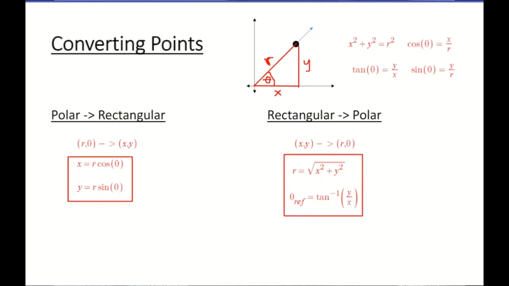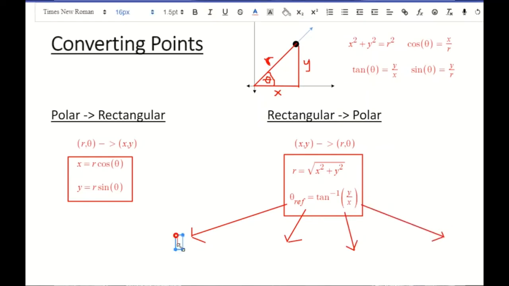So to actually get theta here, we're going to split this up into 4 different cases. Depending on if you're in quadrant 1, quadrant 2, quadrant 3, or quadrant 4. So I'm just going to make myself a little bit of room here to write all of these. Over here, I'll show you how to calculate it if you're in quadrant 1. Over here, quadrant 2.